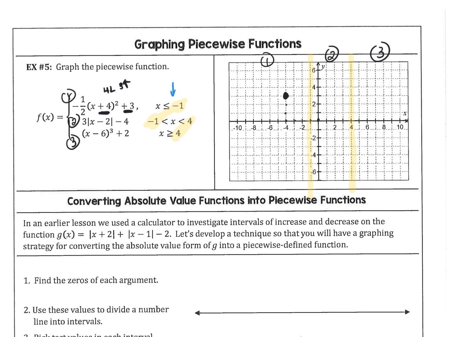This is -4. So this is at -3, isn't it? Okay, so at -3, -3 plus 4 is 1, right? That's 1. 1 squared is 1 times the -half. 1 times the -half is the -half, isn't it? So what is 3 plus the -half?